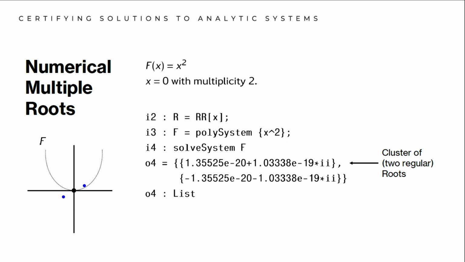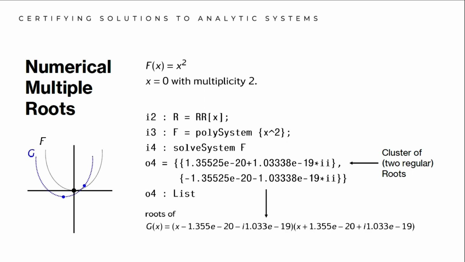We can understand these two blue points as solutions of this capital G. So what is happening when we use the numerical solver to deal with multiple roots is that even though we have capital F, we have two close solutions, which is the capital G, and this capital G is really close to capital F. This is what happens when we deal with multiple roots.